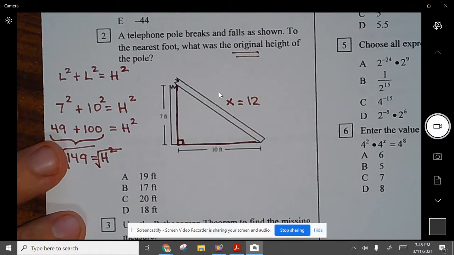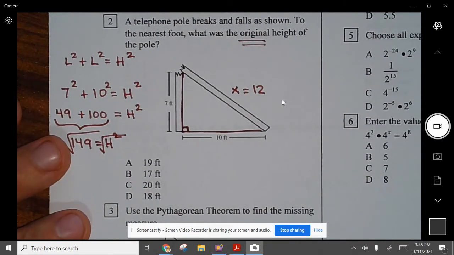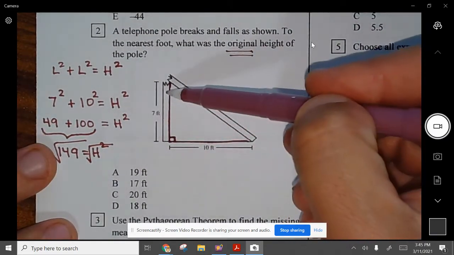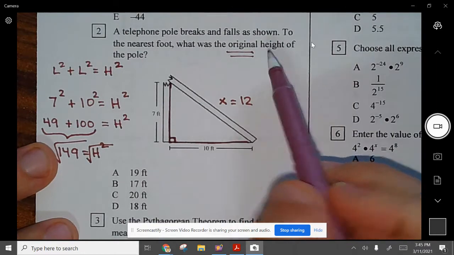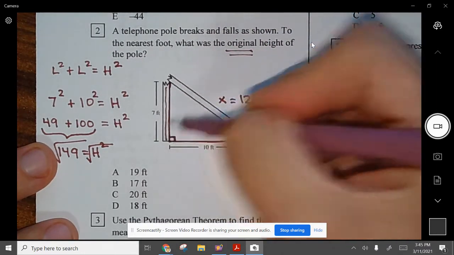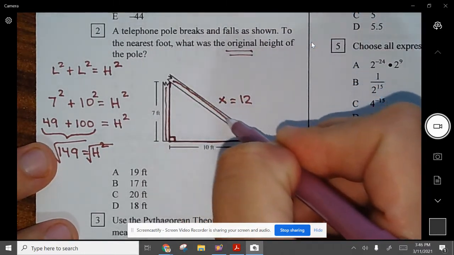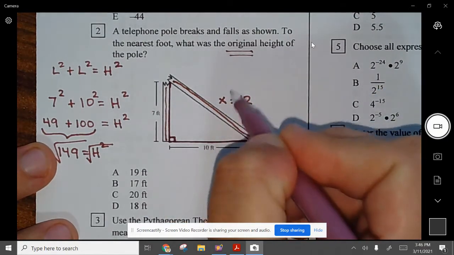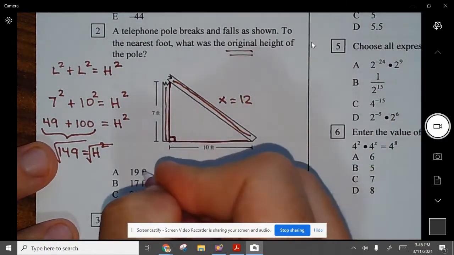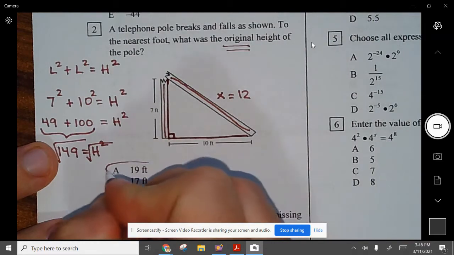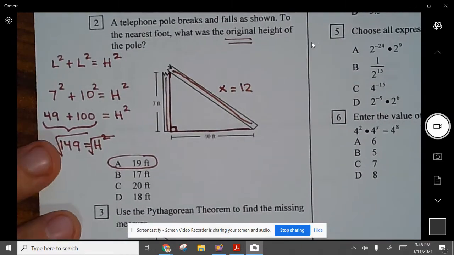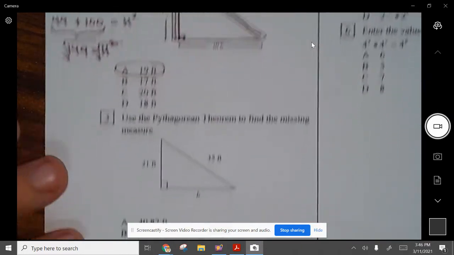We found the missing length, which is really all the test is going to ask you on the benchmark. But if we had to figure out the whole height of the pole, this is part of the pole too, and so is this. So put those two together. If you wanted to stand the pole back up, how tall would it be? 12 plus 7, 19. You see? That's a tough one. I liked it. All right.